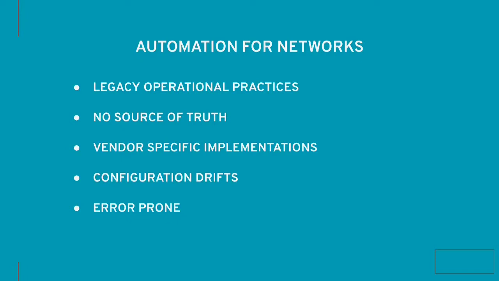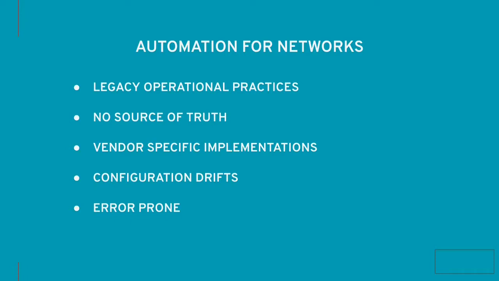And still they are following legacy operational practices, and by legacy operational practices I mean manually doing the SSH onto the device and then performing the tasks there, and then when it comes to validating those tasks, there is only one option, that is manually, and then logging out of that devices.